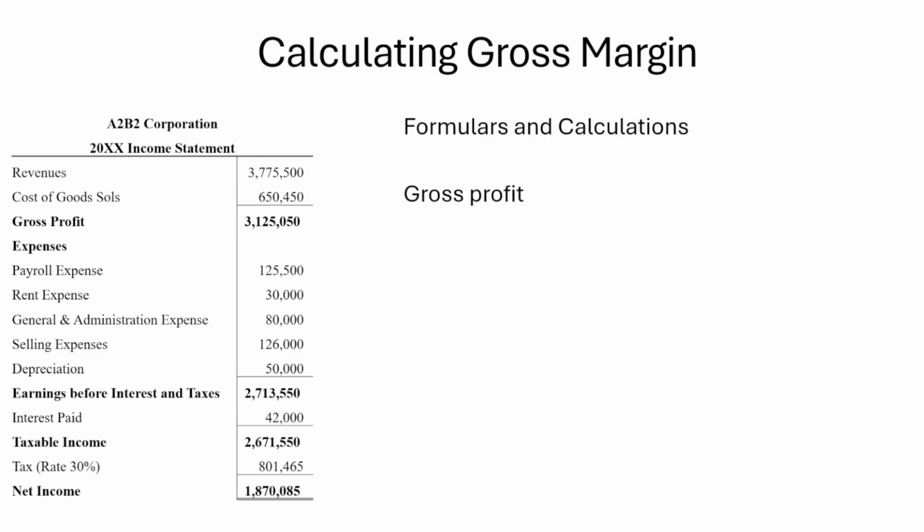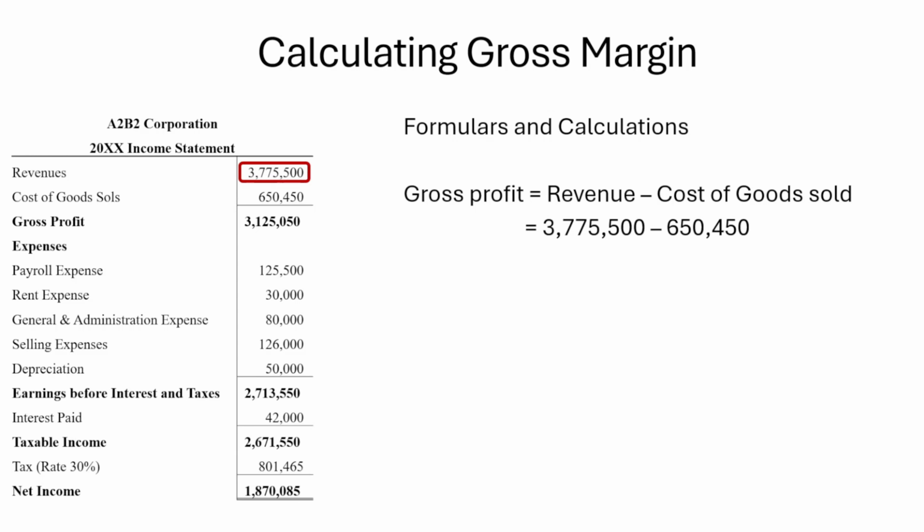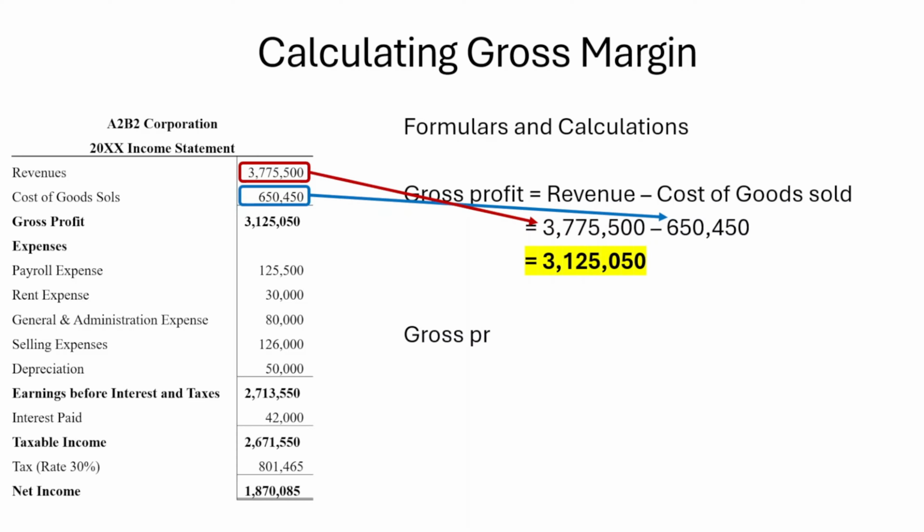The formula for calculating the gross profit, as we said, is revenue minus the cost of goods sold. From this example, we have 3,575,000 as revenues. Then we have the cost of goods sold at 450,000. When we subtract those two, we get 3,125,000, which is our gross profit.